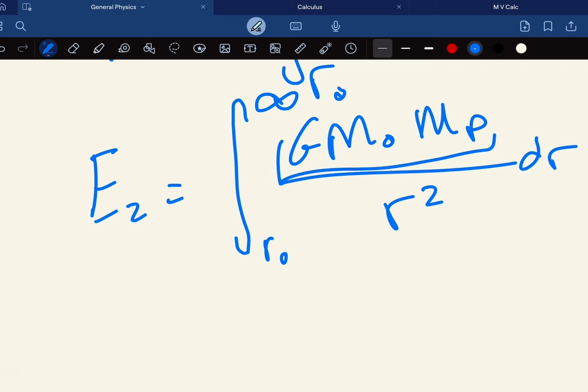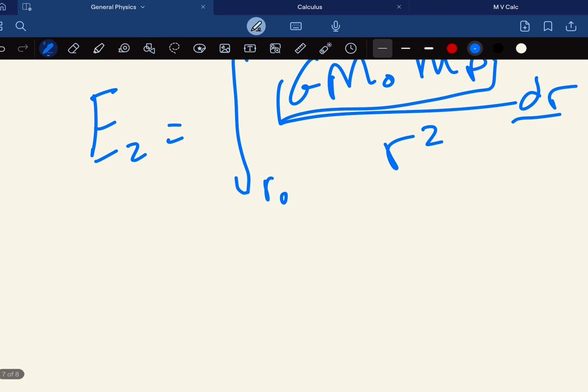Now, all this stuff on top is a constant with respect to the radius, so we could pull that out of the integral.